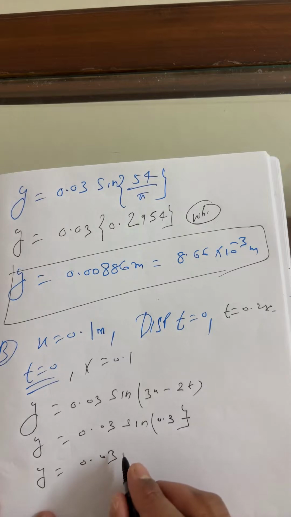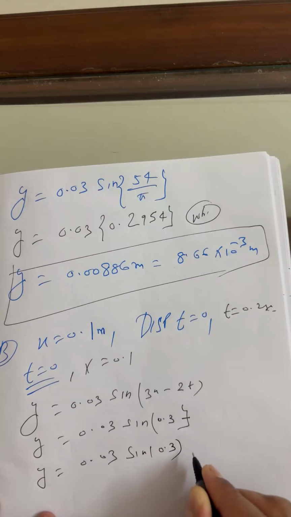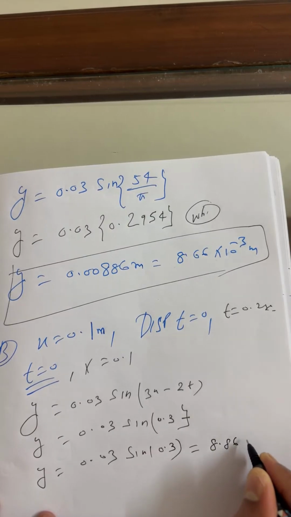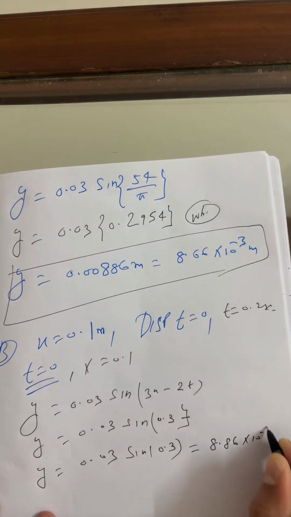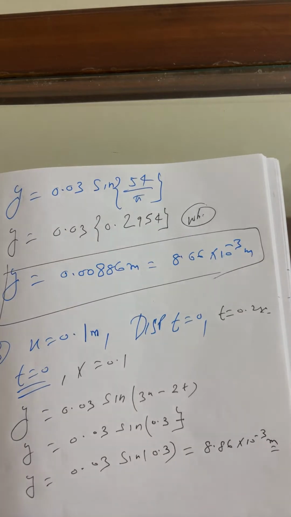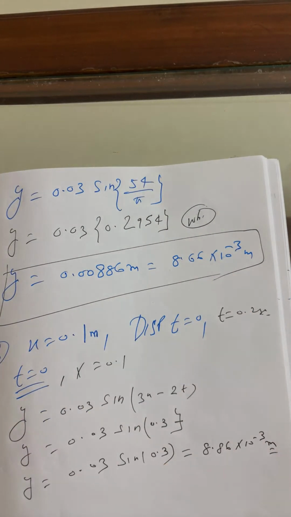Yes, sin 10, and this is sin 0.3 here. So finally I will get 8.86 into 10 to the power minus 3 meter. This is almost the same. As required, X you have taken 0.1 only.